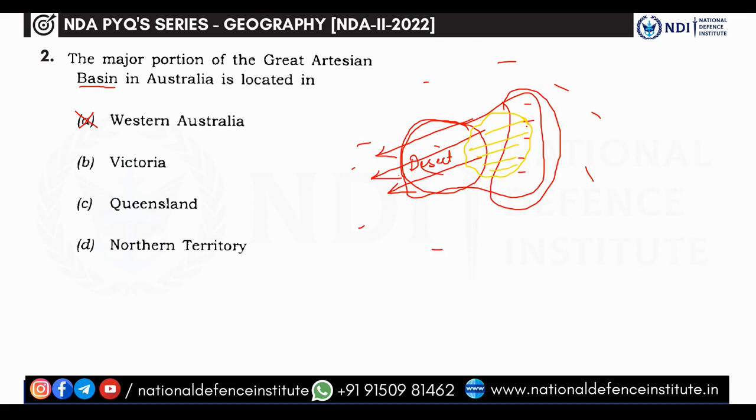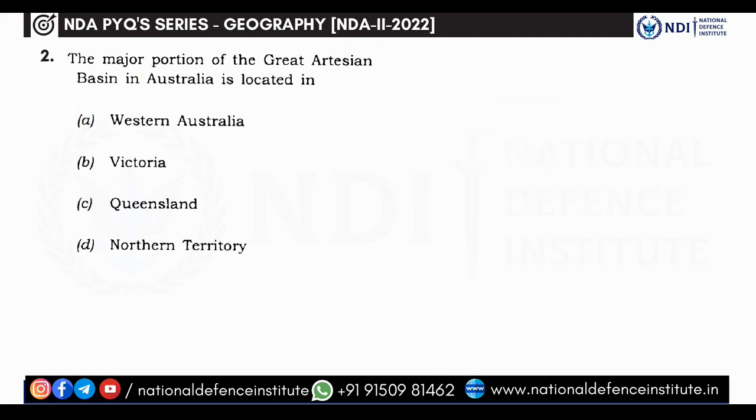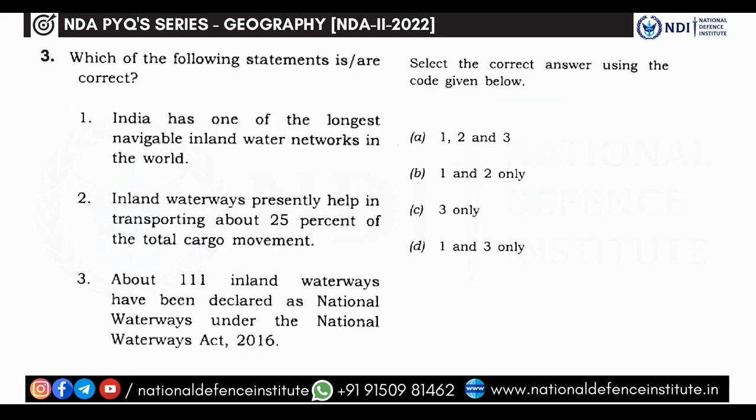Thus they are asking for the major portion, in which state. Of course Victoria has some minor part, but the major portion of the Great Artesian Basin is located in Queensland. That can be your answer. So the answer is C. If you know the physical geography of Australia, this answer can be easily addressed. So let's go to the next question.